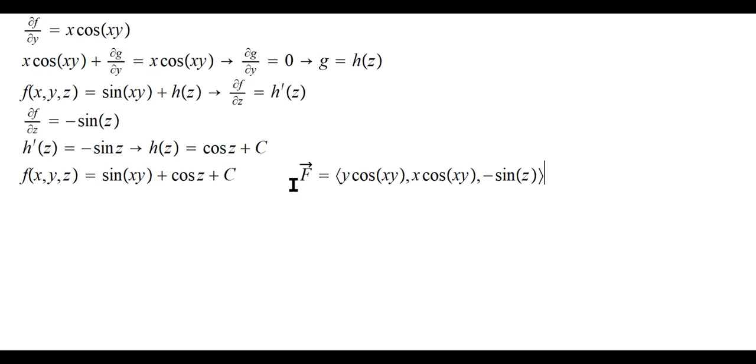And we can just quickly check. If we differentiate this with respect to x, we will get y cosine xy. This will be 0. With respect to y, we will get x cosine xy. So that is correct. Then the derivative with respect to z, this will be 0, and that will be negative sine z.